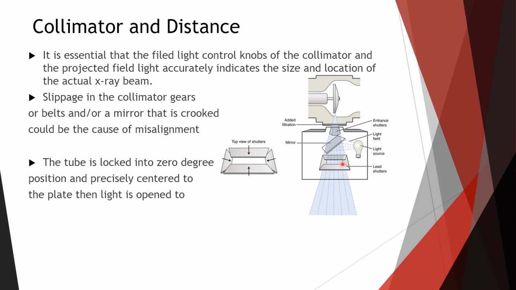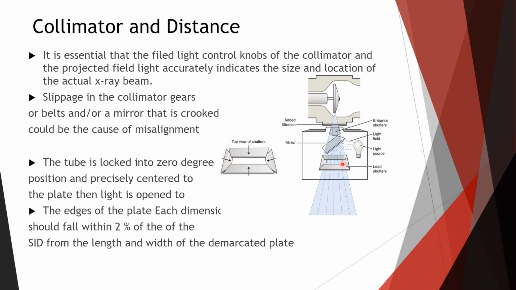To test it, the tube is locked into a 0-degree position and precisely centered to the plate. Then the light is opened to the edges of the plate. Each dimension should fall within 2% of the SID from the length and width of the demarcated plate. So there's a plate that has marks on it. That's all this means.